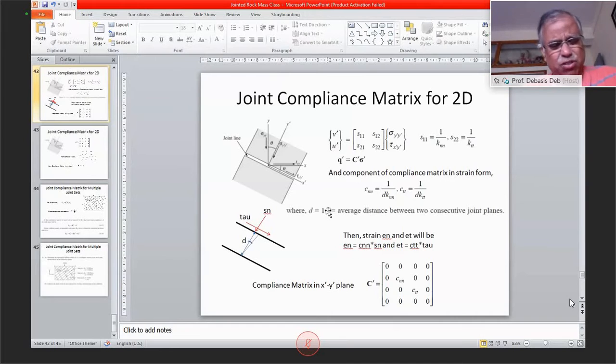Either you can find it from F, or you go there and actually measure by tape between two joints which are more or less parallel. What is that distance? Using that distance, you take the average, because in a particular joint set there will be many joints. You have to take the average. Okay.